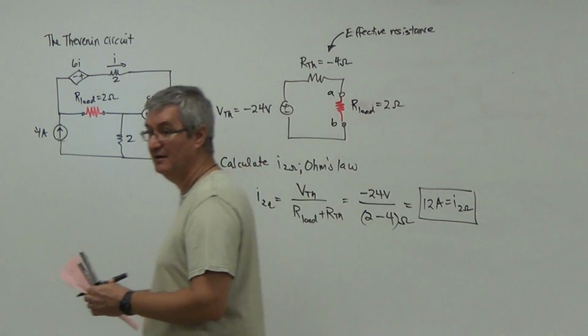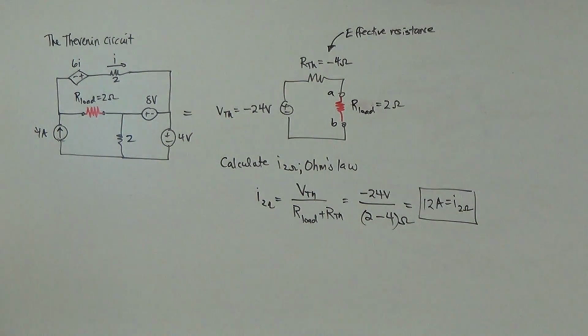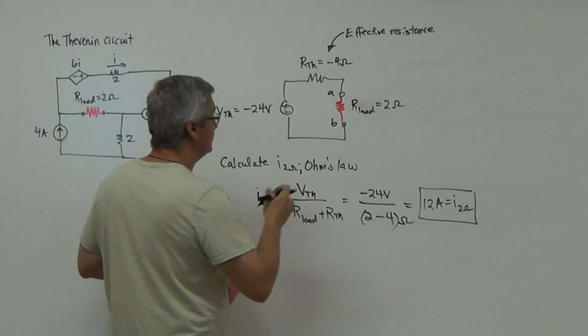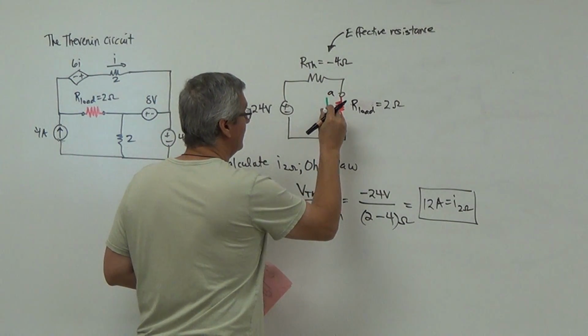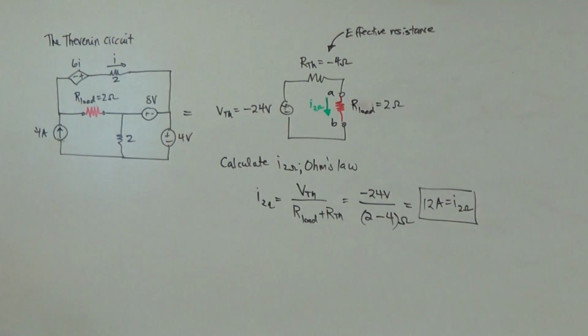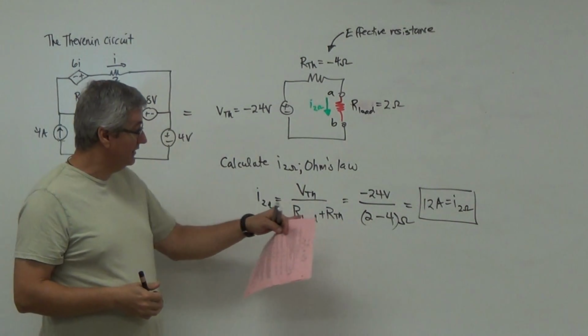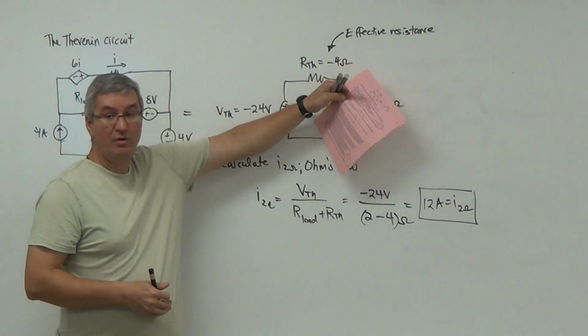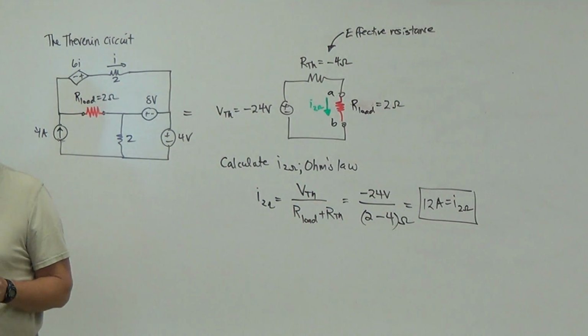That means that even though there's a negative voltage source, the current is going down like this for the 2 ohm resistor. So far it seems pretty good, right? Because I'm just using Ohm's law, but then there's something very slippery with this negative 4 ohm resistor.